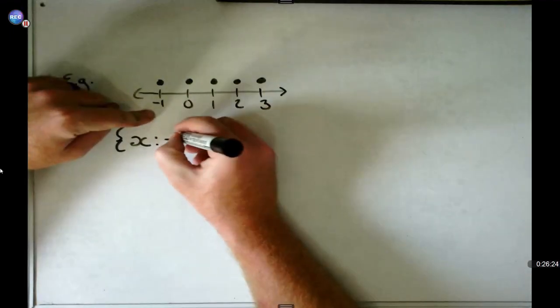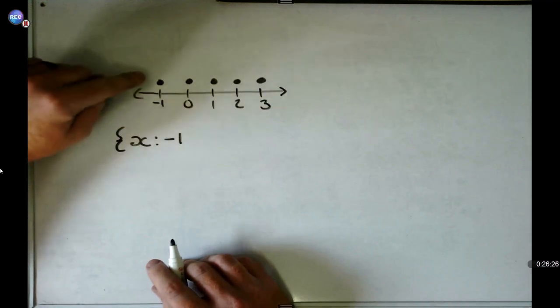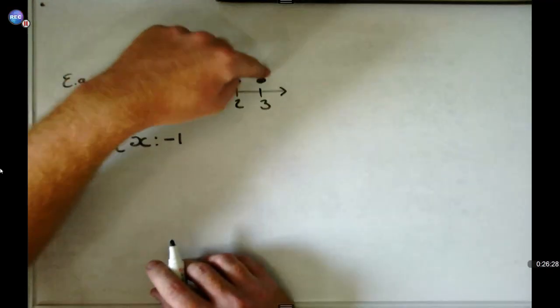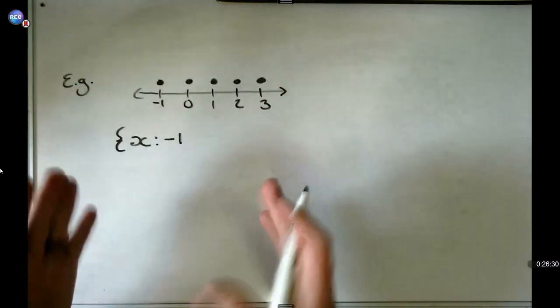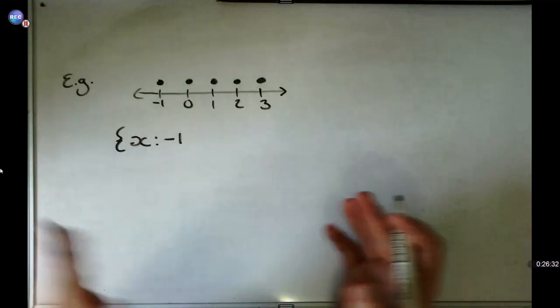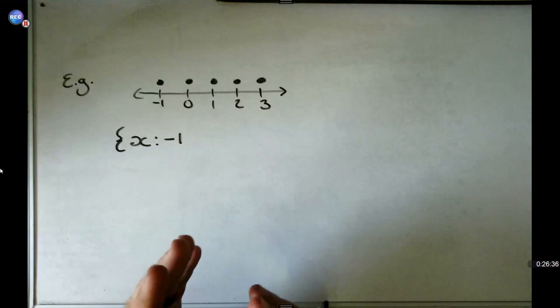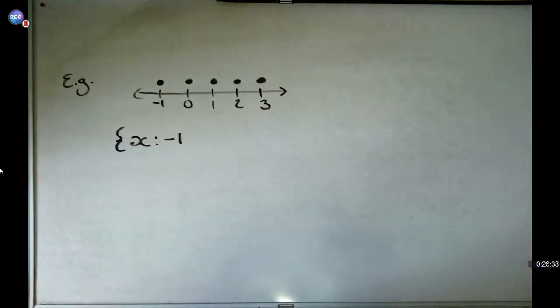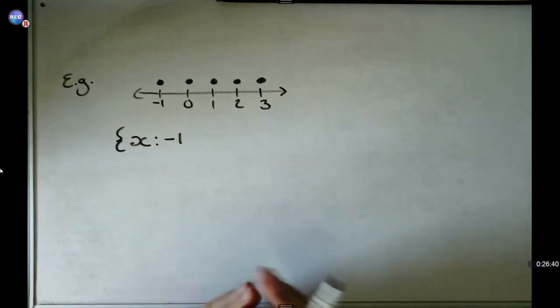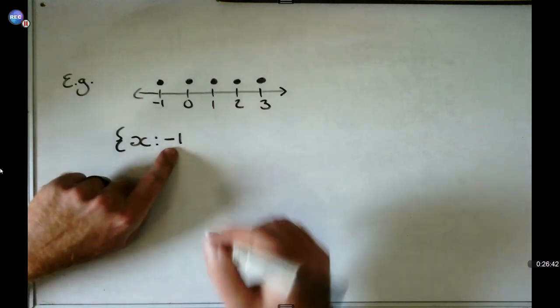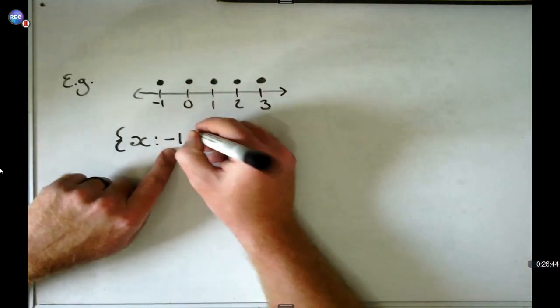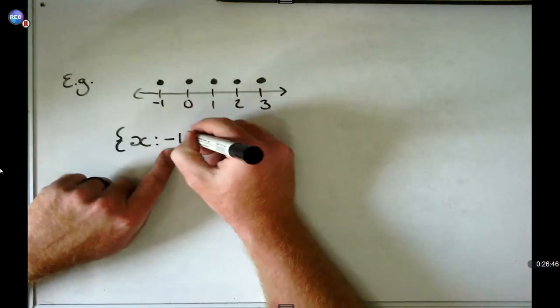So -1. And because it's dotted like this, we know that integers do not include fractions and all the other stuff that comes with it, and only focuses on values that can be counted in multiples of 1s. So we start at -1, it's included, and we are moving to the right, so it's moving away.